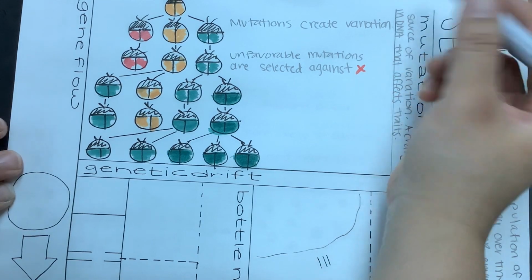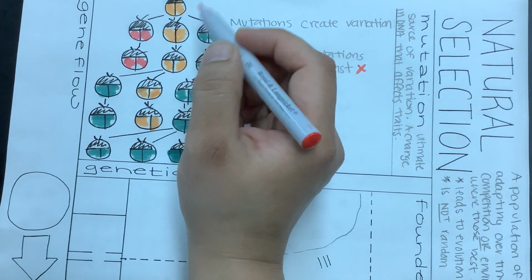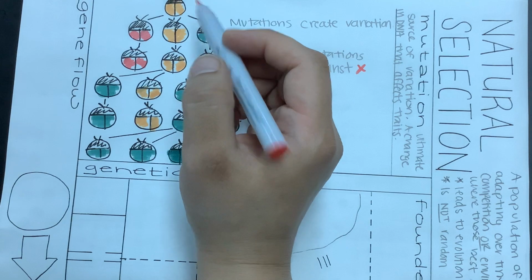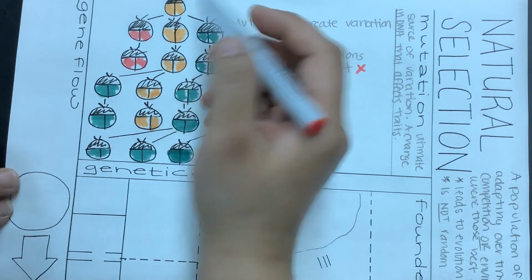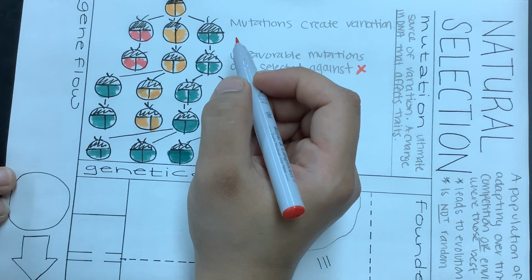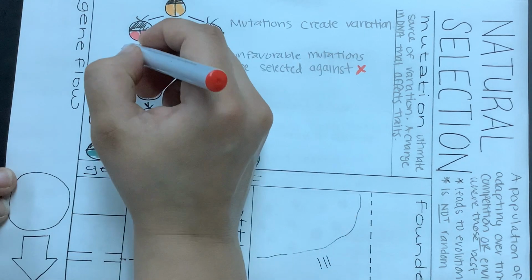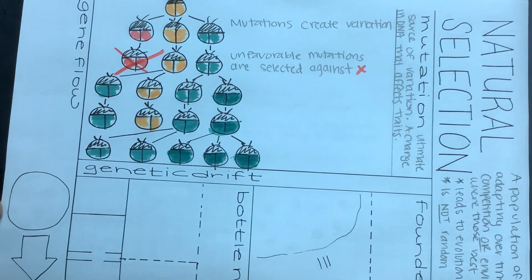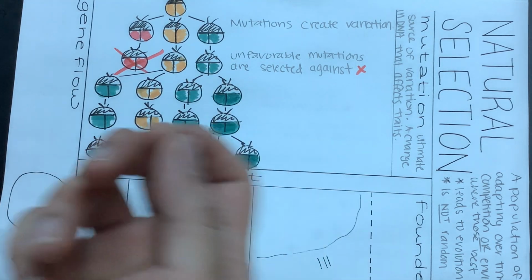So let's just say we had this orange ladybug, and it had a couple mutations leading to some variation in color, like some red and green. Then the second generation happens, but for some reason, that red mutation is not very beneficial, so we select against it and continue to move on.